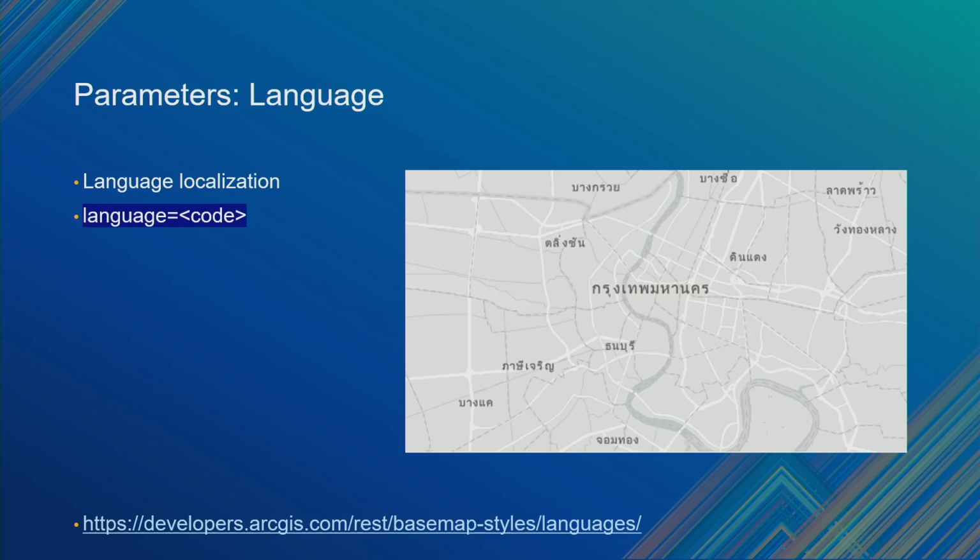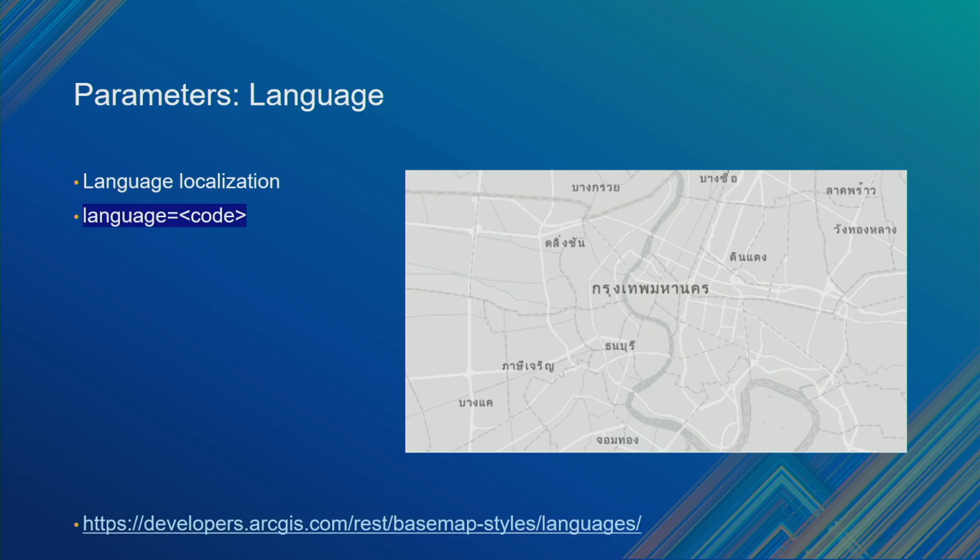And to set that, via a URL request, you just say language equals, and then one of the codes that's listed in the REST documentation. We have a link to it on the slides here. There's also a localized language feature where you can have the language be set to whatever the language of the country is. So when you're zoomed into America, it would show English, but France, it would show French, etc. It is 39 languages. And then the global and local, plus those. So 41 total options. That's awesome.